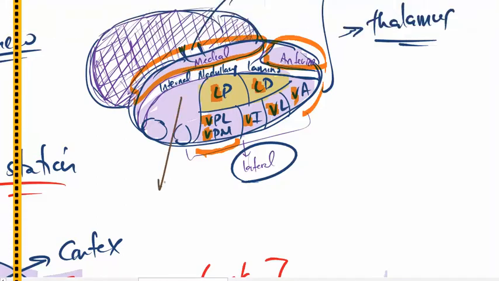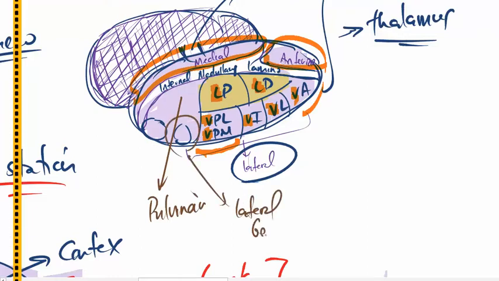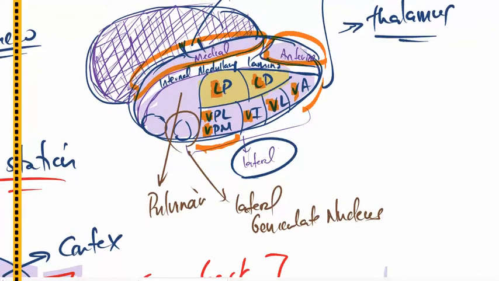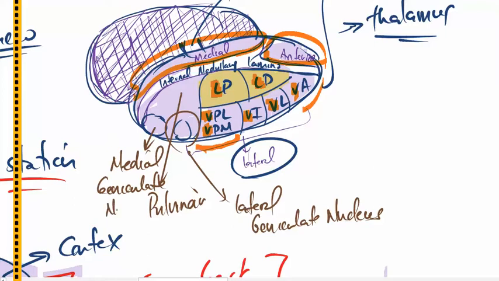So right here you have your pulvinar, right? And then here you have your lateral geniculate nucleus, and then here you have your medial geniculate nucleus.